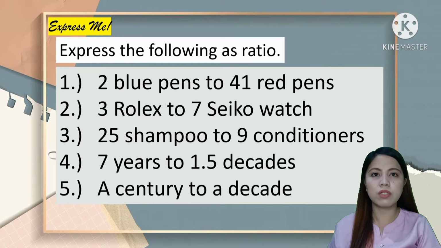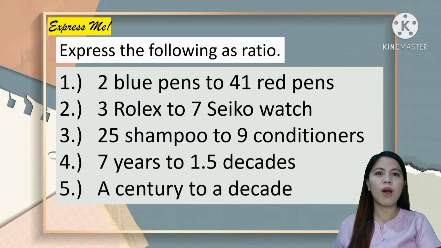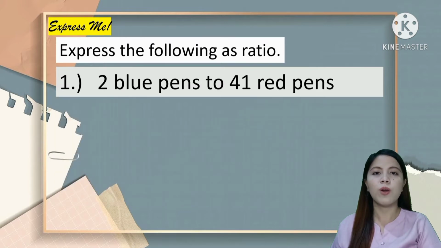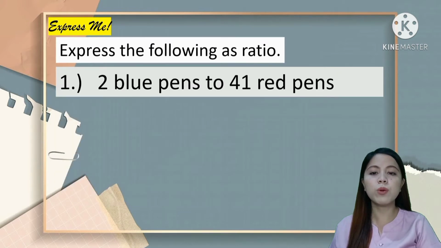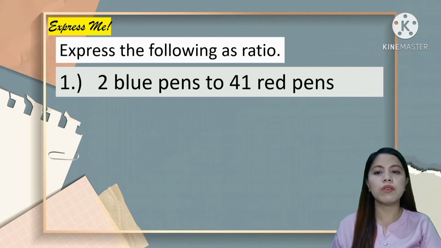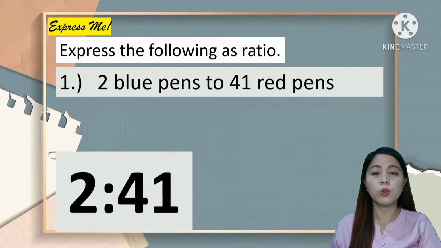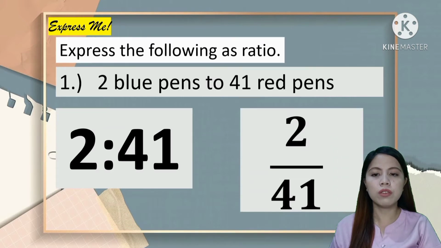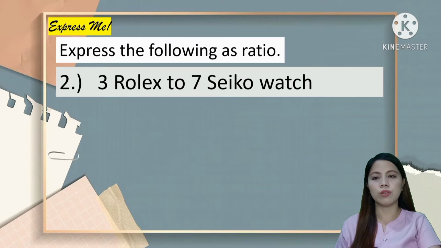Timer starts now. Are you done answering the activities? Okay, now let us check. Number 1, we have 2 blue pens to 41 red pens. We will write it as 2 colon 41 or 2 over 41. Very good.